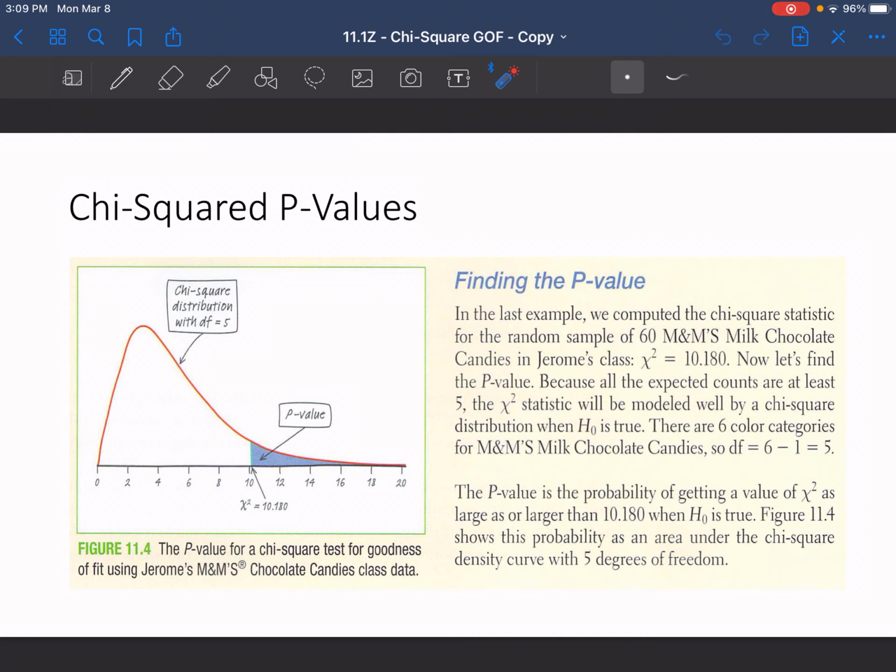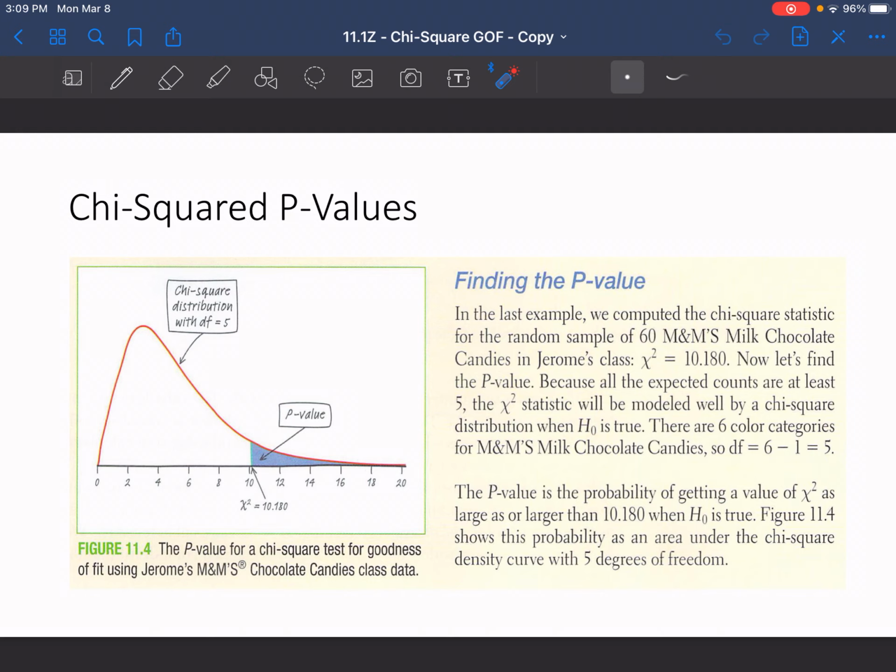There are 6 color categories for our M&Ms, milk chocolate candies, so our degrees of freedom again is 5. 6 categories minus 1 equals 5. The p-value is the probability of getting a value of chi-squared as large or larger than 10.180 when our null hypothesis is true. So again, this curve represents the chi-squared curve with the degrees of freedom at 5.